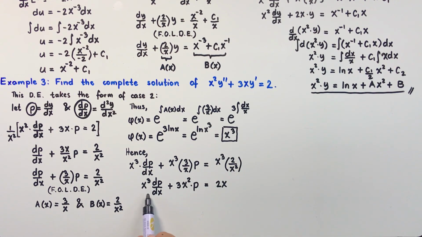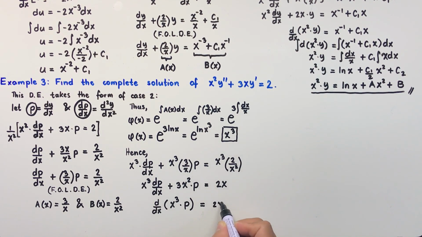You notice that this sum is a derivative of a product, x cubed and p. You can check that you have x cubed times the derivative of p plus p times the derivative of x cubed, which is 3x squared. So rewriting this equation, we have the differential of x cubed times p is equal to 2x dx.